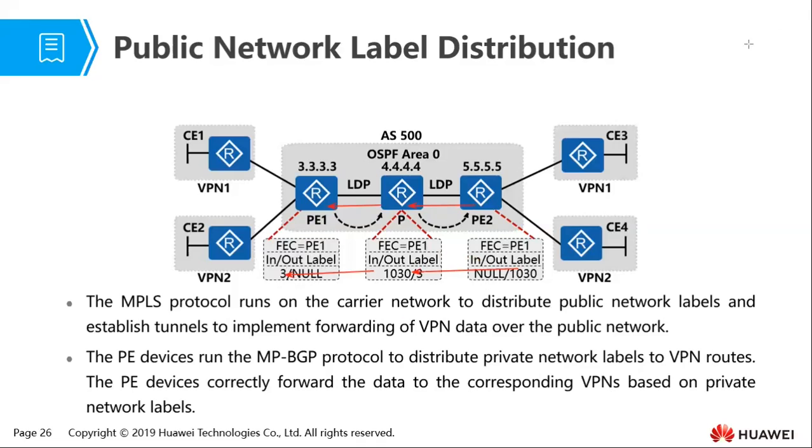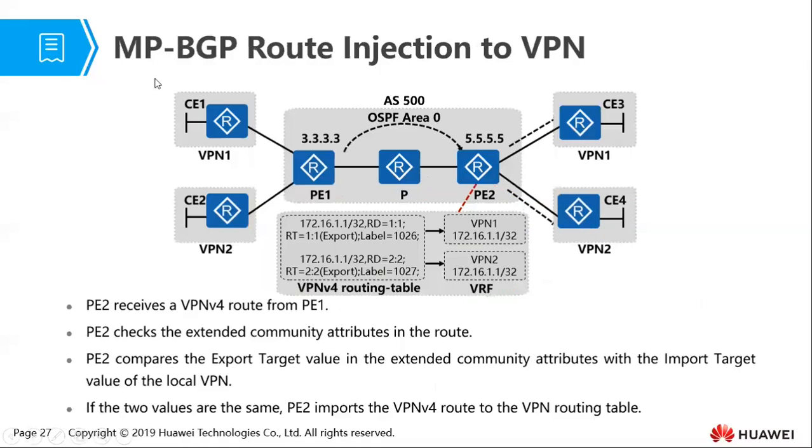On the other hand, as you know, when a device is configured with 3, that is what we call the implicit null label. So it simply means it's going to do the penultimate hop popping. So it's going to remove the tag and forward the packet without the MPLS outer tag. So that is how the label distribution is done.